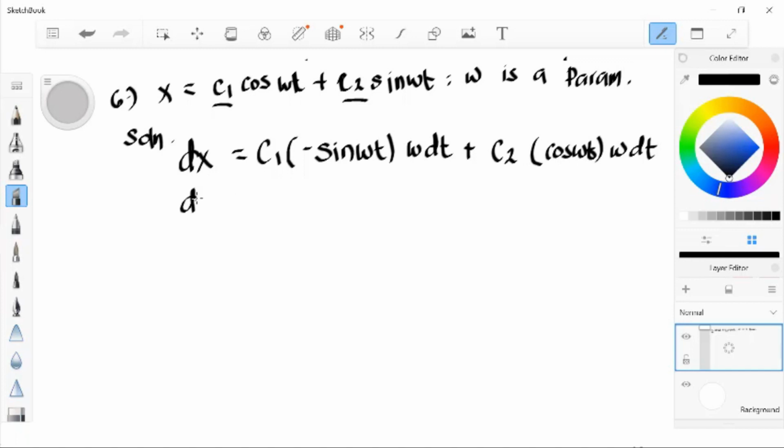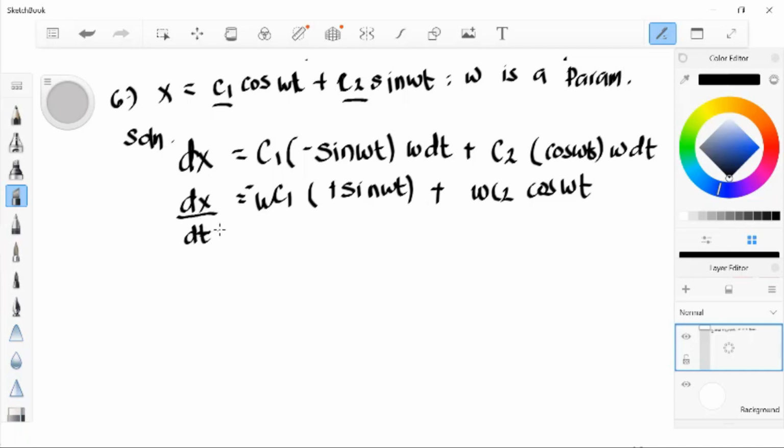We factor out w, c1 negative sine wt, we factor out negative, plus w c2 cosine of wt, and we divide both sides by dt. That is our first derivative. This is our first equation.